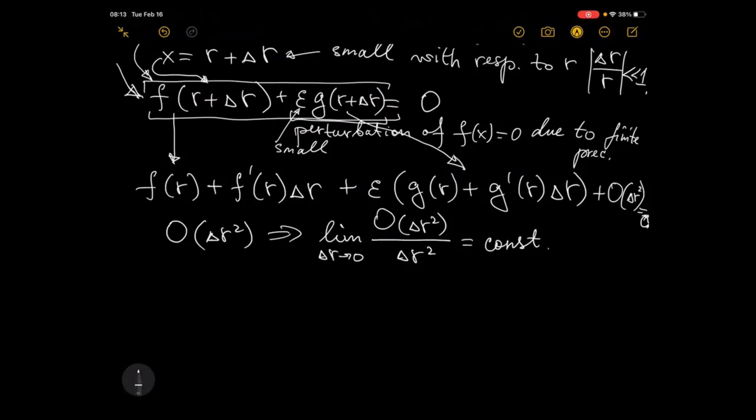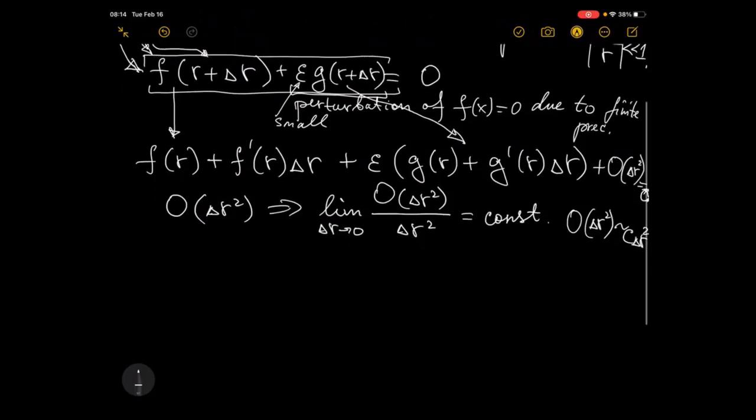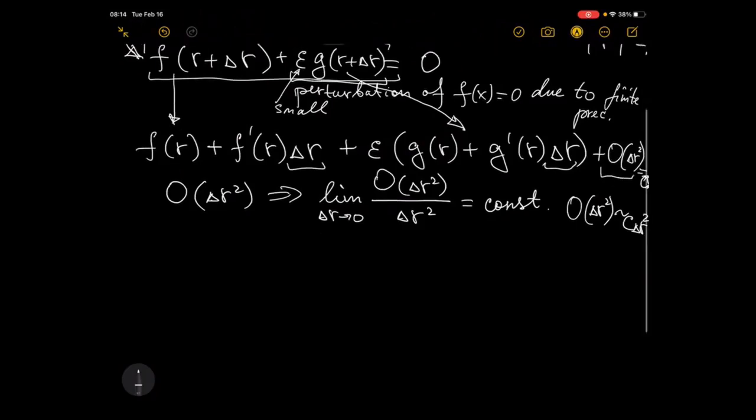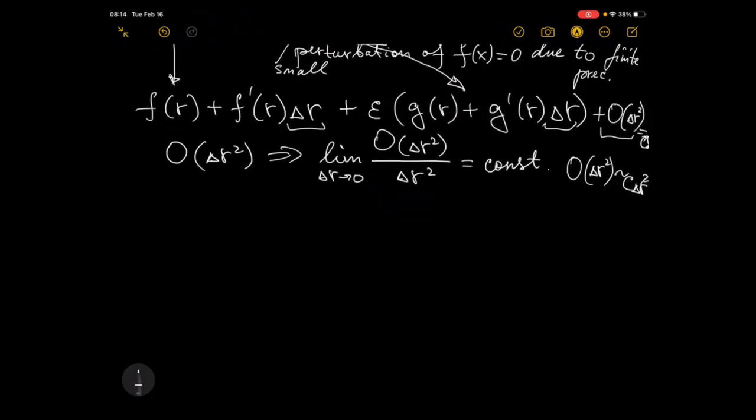In simple words, when delta R goes to 0, your O of delta R squared behaves like some constant times delta R squared. It's because we stopped at the first linear correction terms in our Taylor expansion, right? So this is why we got this. Okay, let us go further.